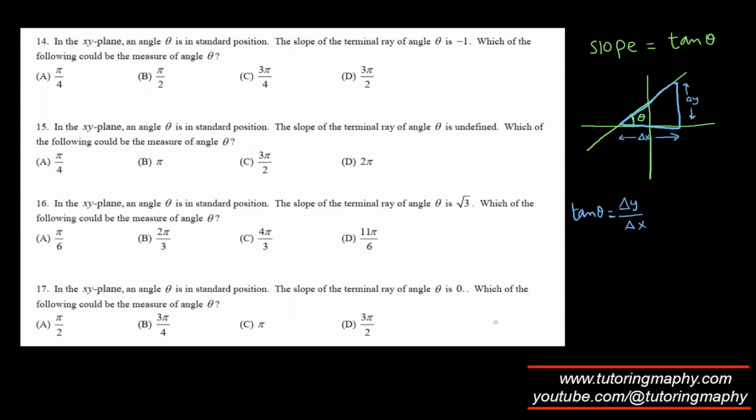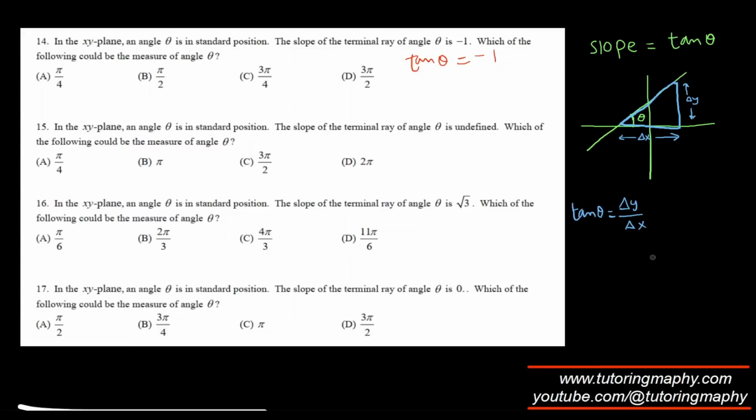So all we have to do is figure out at which angle the tan is -1, because they are asking that tan of theta is -1, right? For this you need to know the value, and I explained this earlier in one of my videos, I think 3 point maybe 1 or 2, something like that.